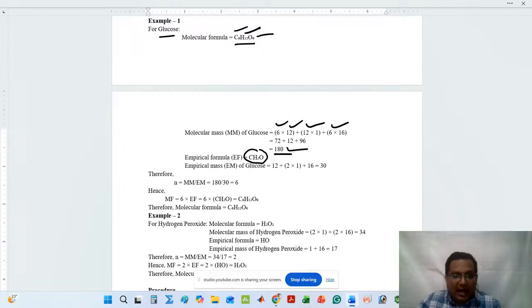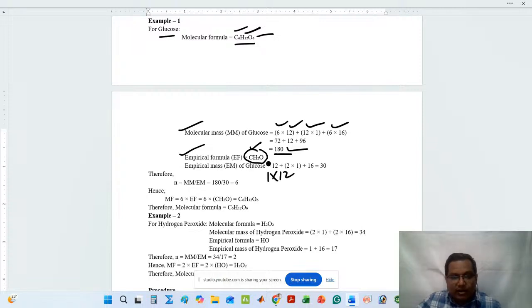Now I will find the empirical mass like the molecular mass. Depending upon the molecular formula, you can find the molecular mass. Similarly, depending upon the empirical formula, you can find the empirical mass. Since here one carbon atom is present, I can write 1 into 12.